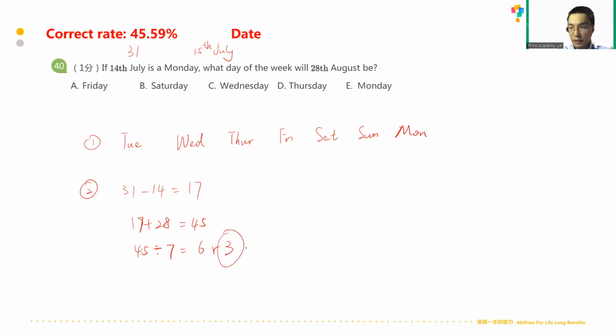The remainder is 3. So we go back to the cycle and we count the third term of our new cycle. 1, 2, 3. Thursday is the third term, so the correct answer is Thursday, D. Okay, so this is how we solve these types of cycle problems with dates.